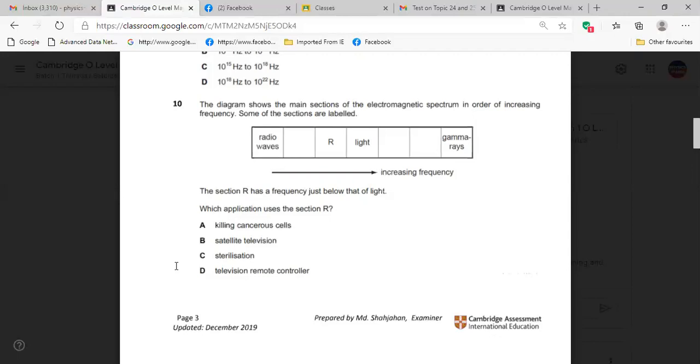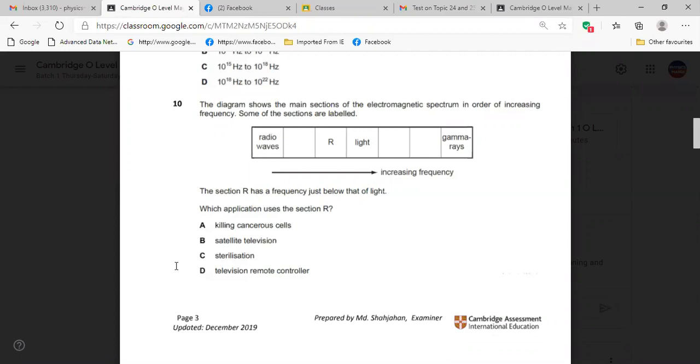First, you have to identify what is R, then go for the uses of R. Can you say what is the name of this R, electromagnetic wave? It's the left side of light.